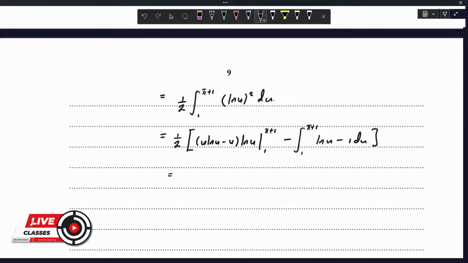So this is essentially a half of u of ln u squared minus u ln u with the limits 1 to pi plus 1, minus integrating ln u, which is u ln u minus u, minus u. So essentially we have minus 2u inside from 1 to pi plus 1.